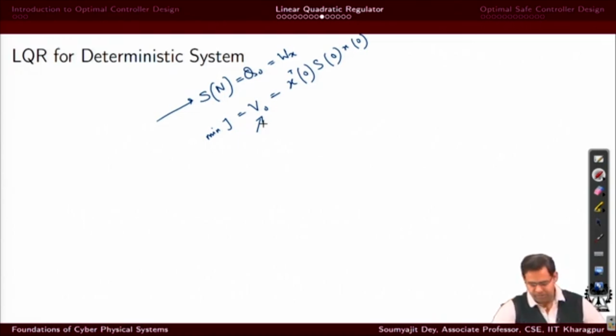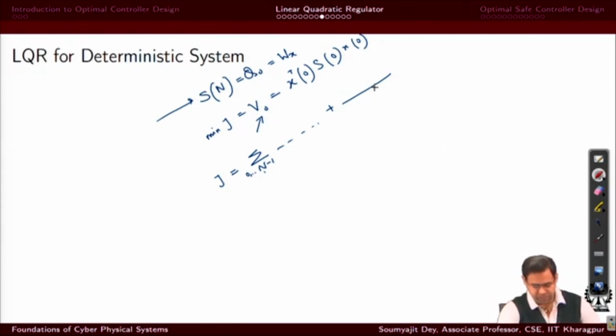If you recall, what really was J? J was this summation over n steps, where you are trying to figure out all these 0 to n minus 1 control inputs, and finally that nth step value. Technically J was the expectation of that summation.